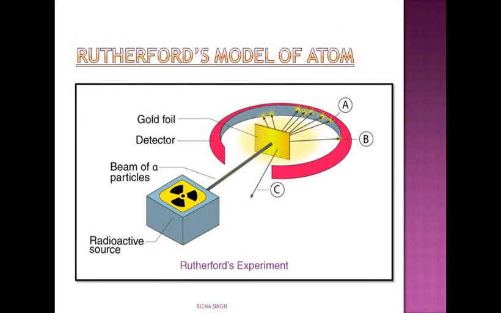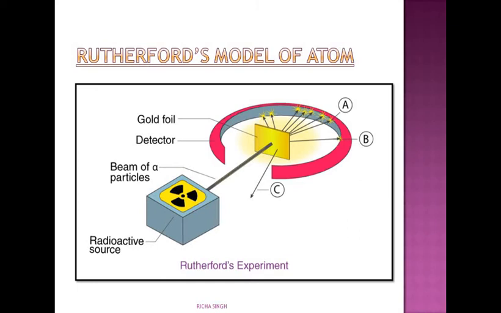In 1911, Rutherford performed an experiment for studying the scattering of alpha particles by a thin metal foil. You know, alpha particles are positively charged particles which are emitted from radioactive substances like radium or polonium. Rutherford took radium as a source for the generation of alpha particles.